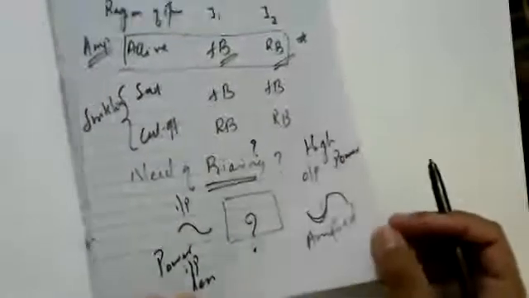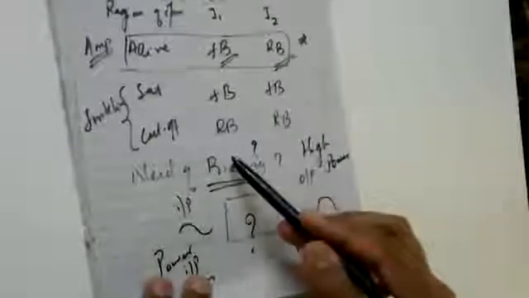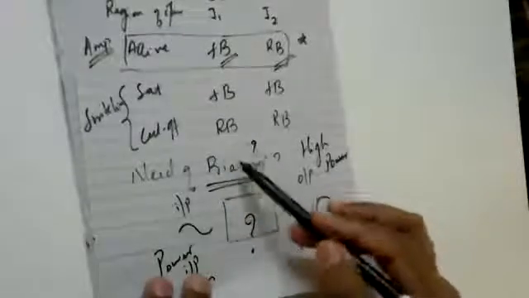Normally in the case of biasing, we'll be using DC biasing. Whenever you work with transistors, let me say this is my NPN transistor, with R1, R2, RC, and RE.